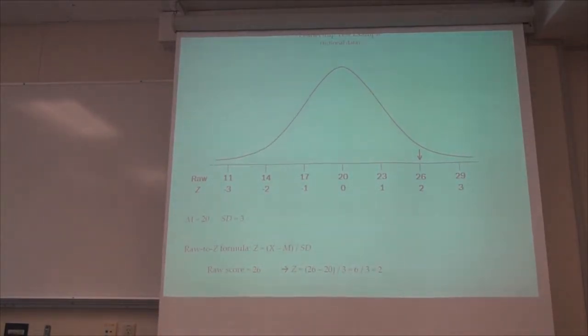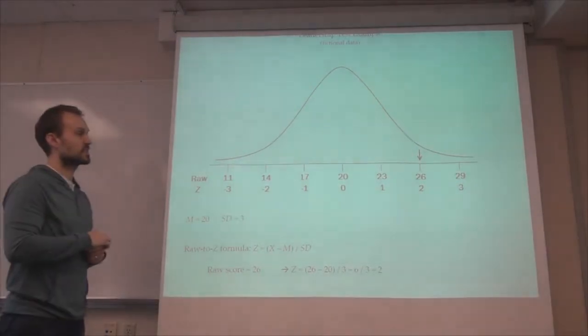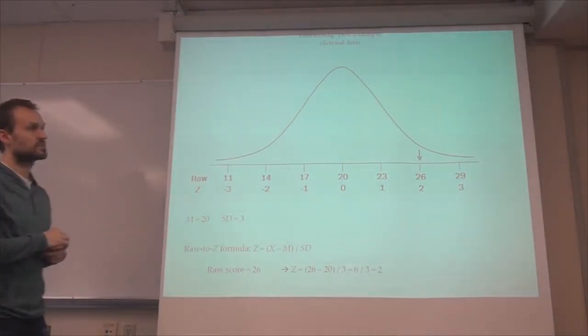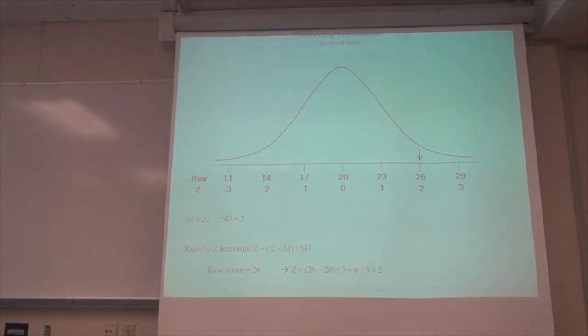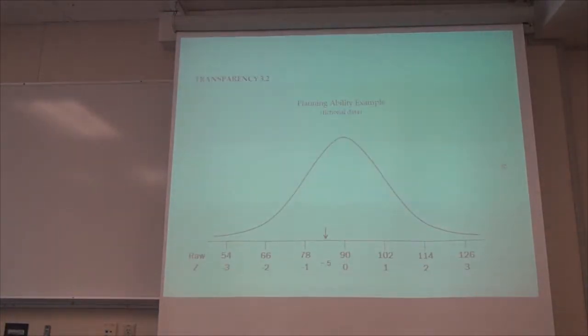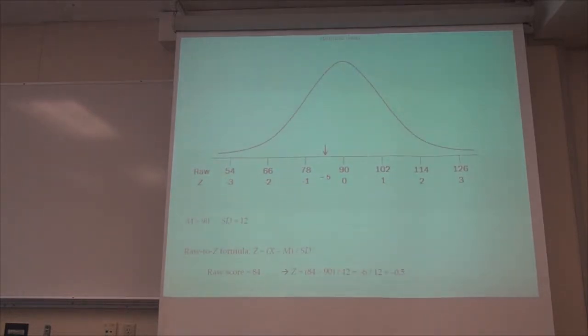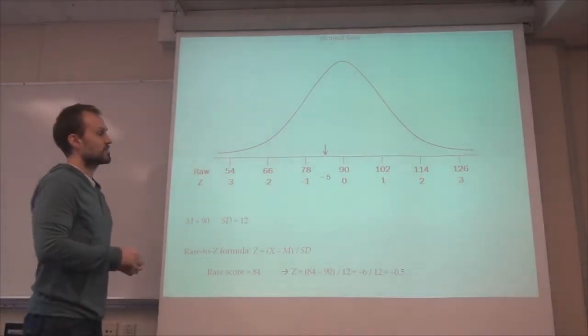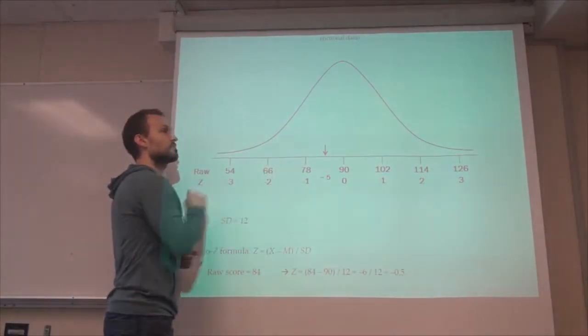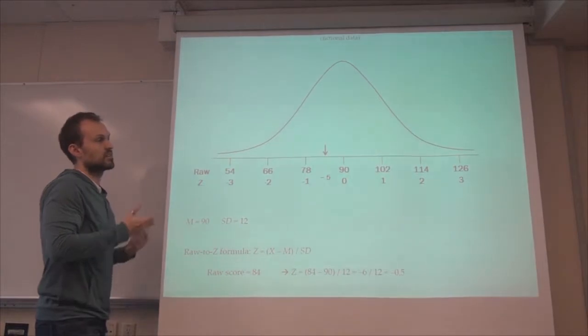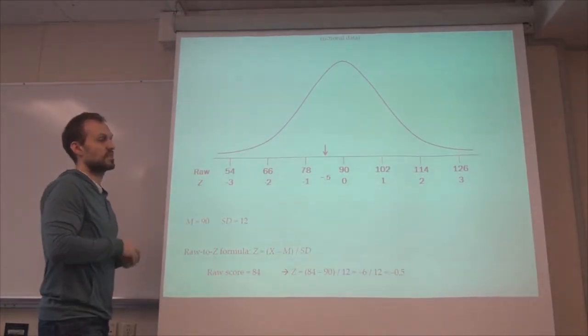So if I have a score of 26, the z-score indicates how good that actually is. 2 standard deviation steps away is pretty good. Whereas in this one, it's pretty average. Yes, the distance might seem the same at 6, but if I calculate the z-score, it's only half a step to the left. So it's a little below average, but not much.